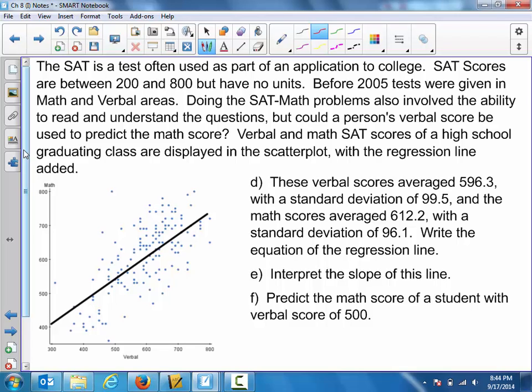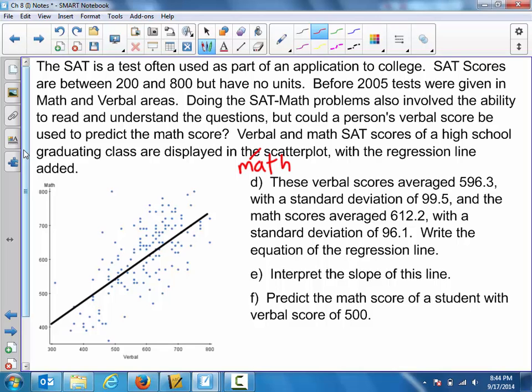Well, the verbal scores are our x variable here. You can represent this a couple of ways. If you want to talk about your regression line being y hat equals mx plus b, then the verbal score average of 596.3 would be your x bar.